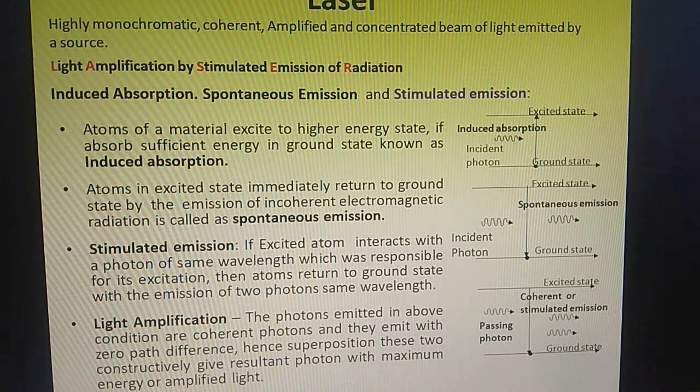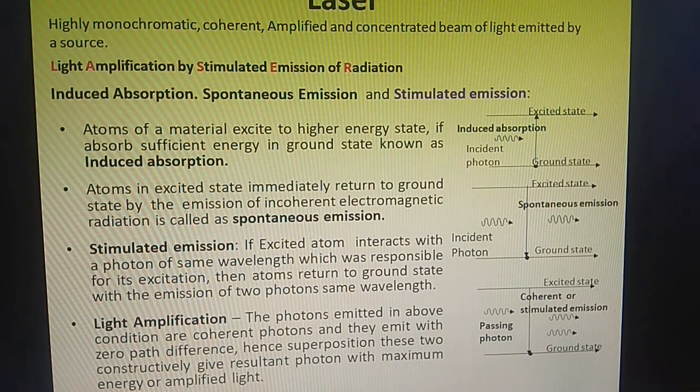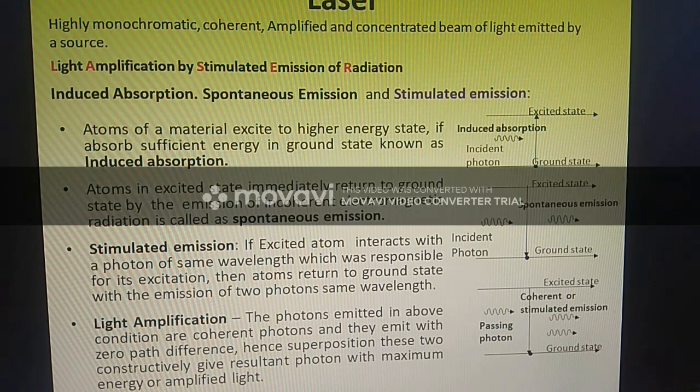In the third diagram it is shown that the electron comes back to the ground state by the emission of two radiations having the same wavelength, and those two are in phase. These are called coherent radiations. Two coherent radiations are emitted.